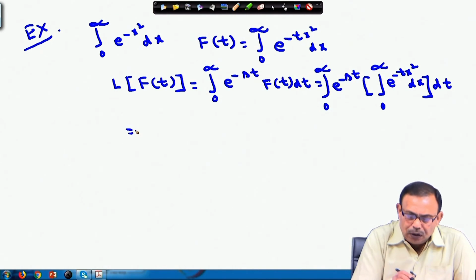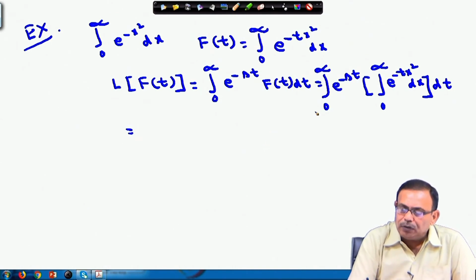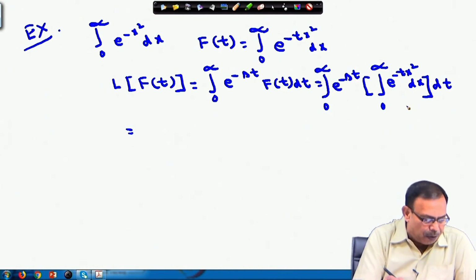Now, without losing the property, we can interchange the order of integration. First I can integrate with respect to t, and then with respect to x.